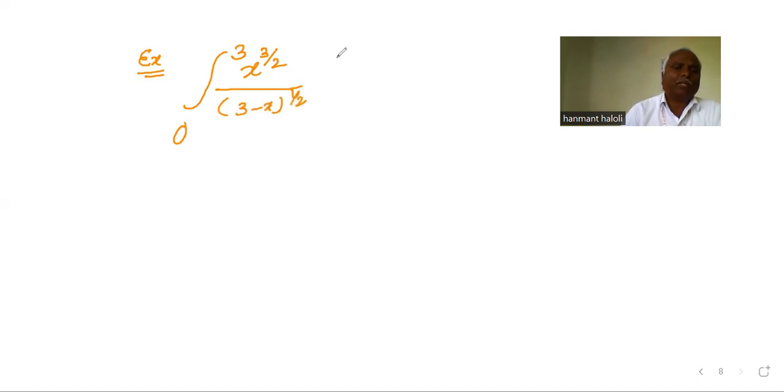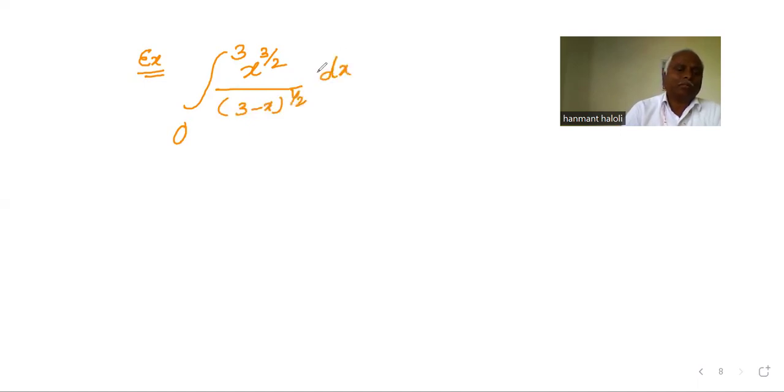Now we'll go for the next example. These examples are important for understanding each property of the beta function. I will go for the next example. One more example: evaluate integral 0 to 3, x raised to 3 by 2, upon 3 minus x raised to 1 by 2, dx.